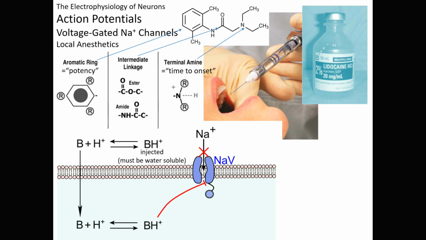And so what you can see here in the figure is they're talking about how we can have different chemical groups attached to that terminal amine, and the nature of those chemical groups is actually what's going to influence the time to onset, because in order to get this proton to come off, you basically need to weaken that proton's affinity for the electrons that it's using to bind itself to that terminal amine.